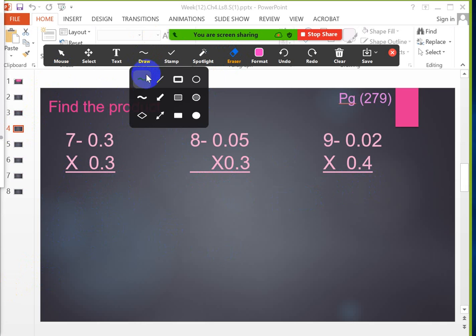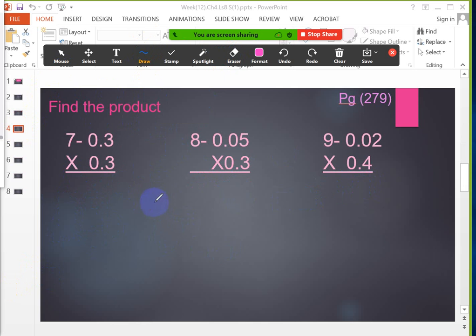Now, number 7, I want to multiply 3/10 with 3/10. Okay, let's see now. Yes, Yara. Yara, open your mic and let's multiply the numbers. Yes, teacher.